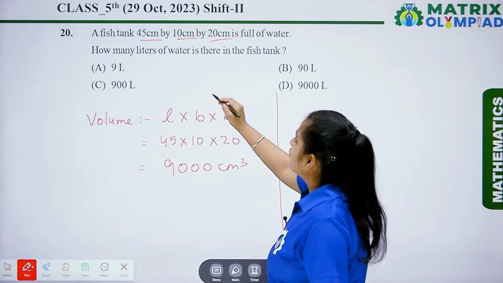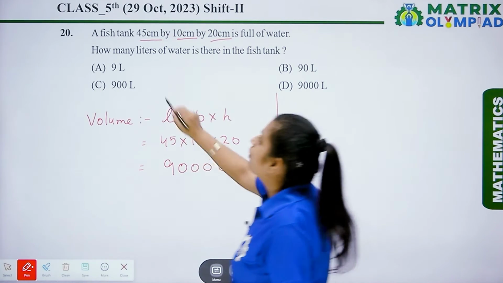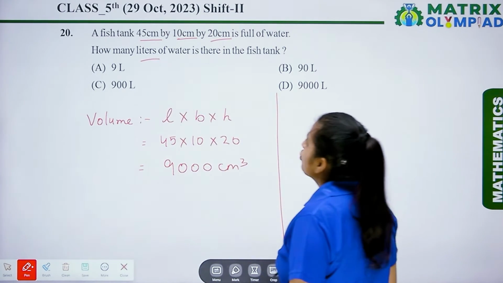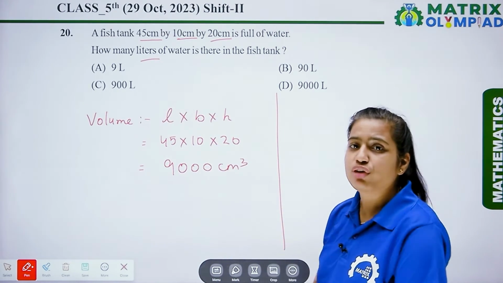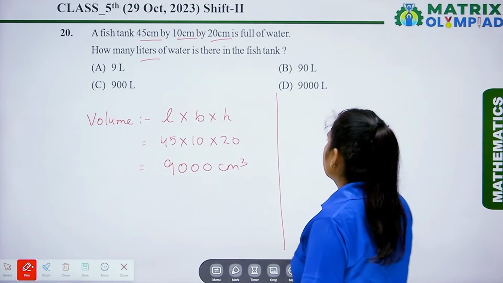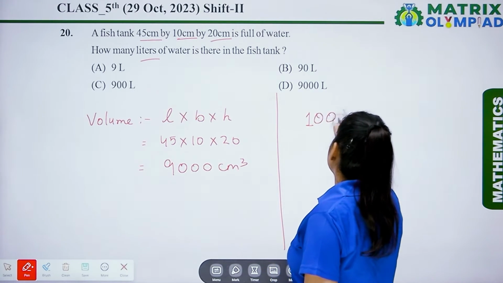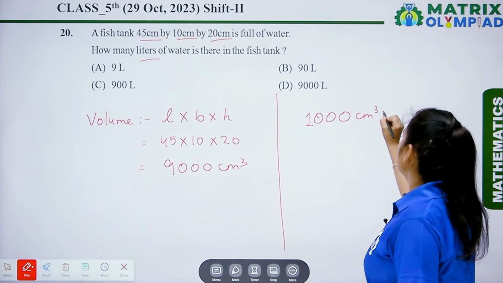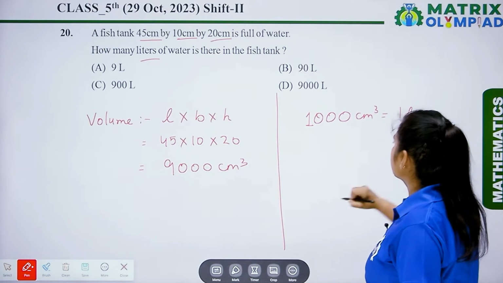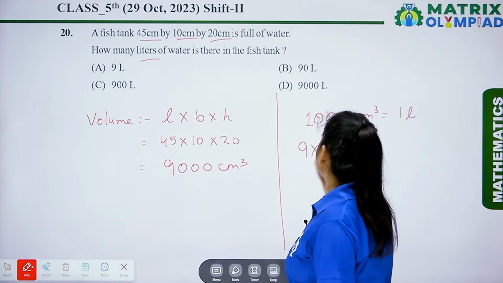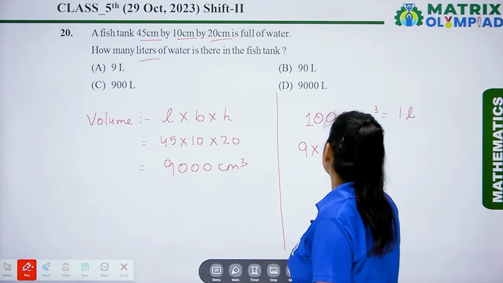Here we have to convert this centimeter cube into liters now to find out how many liters of water is there in the fish tank. So here we know that 1000 centimeter cube is equal to 1 liter. So we are multiplying by 9 on both the sides.